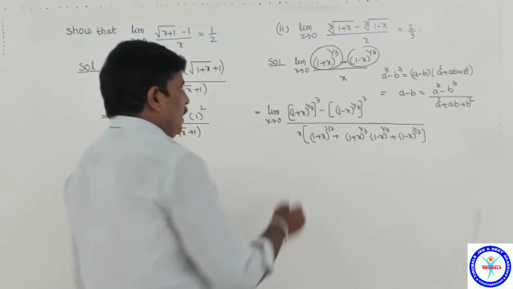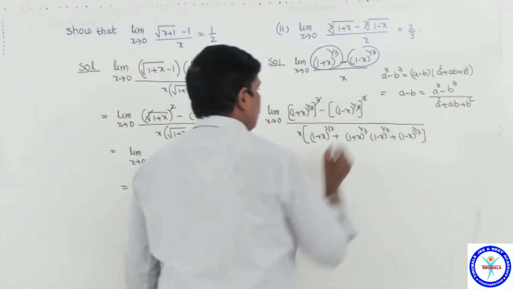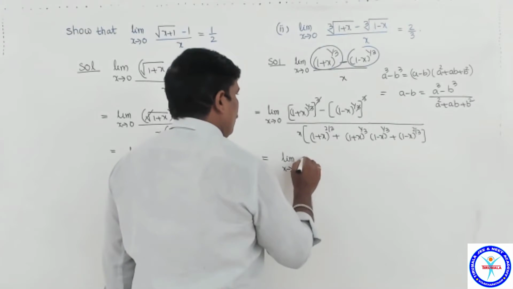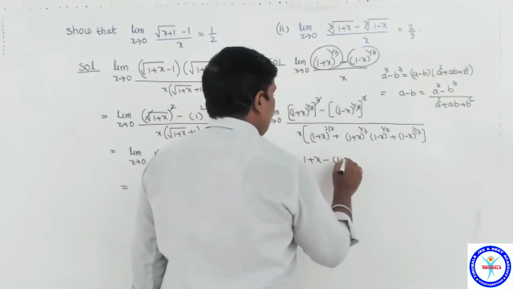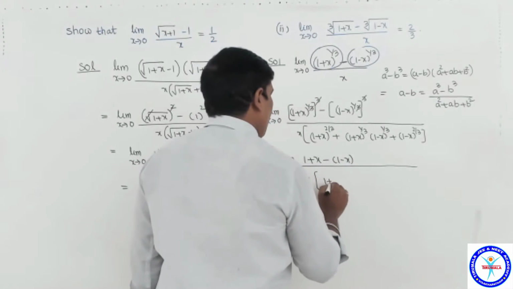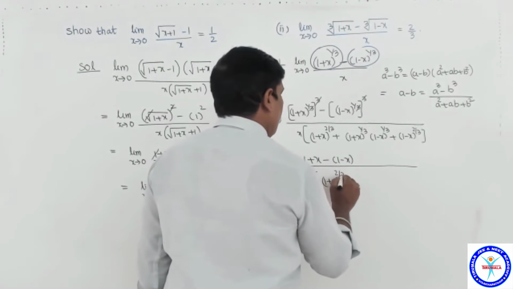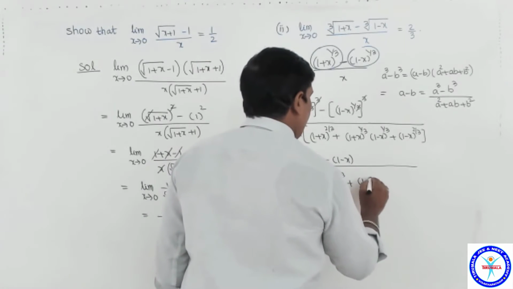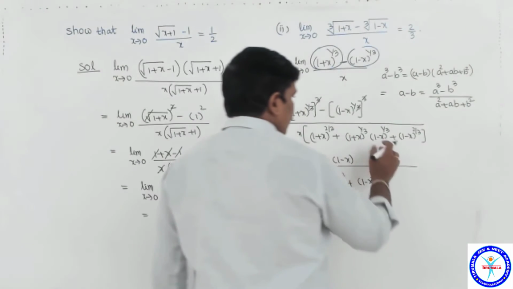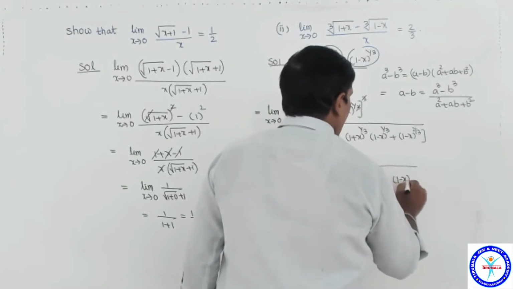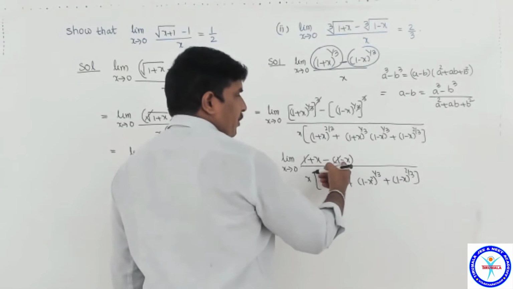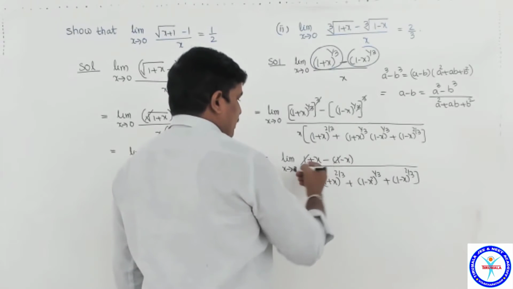Okay. Now cancel these three values. This is equal to limit x tends to 0 of 1 plus x minus 1 minus x divided by x into [(1 plus x) whole power 2 by 3 plus (1 minus x square) whole power 1 by 3 plus (1 minus x) whole power 2 by 3]. Now minus 1 plus 1 cancel, x plus x is 2x.